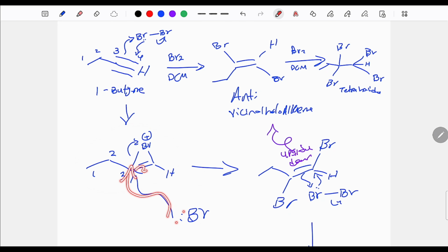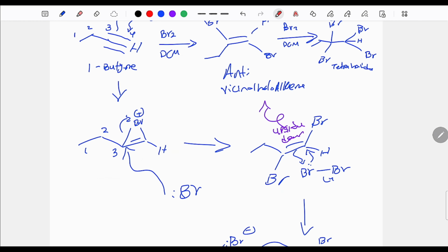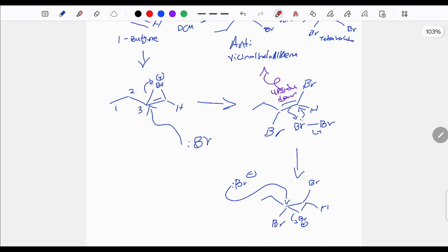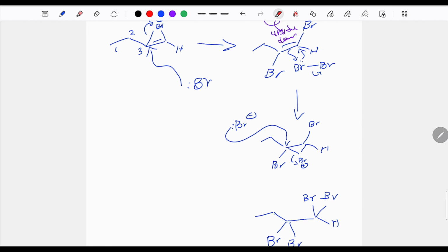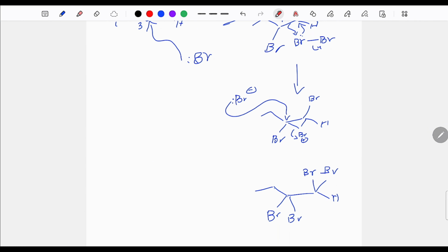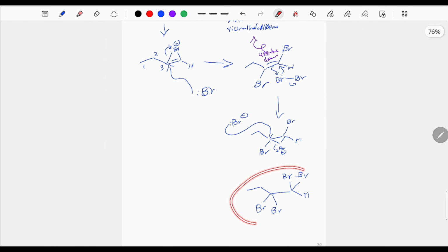Backside attack of this bromine opens up the ring, right? And once the ring opens, another bromination occurs. This remaining pi bond will come and add here, and form another bromonium ion intermediate, and another backside attack occurs. And essentially, you end up getting this tetrahalide intermediate.